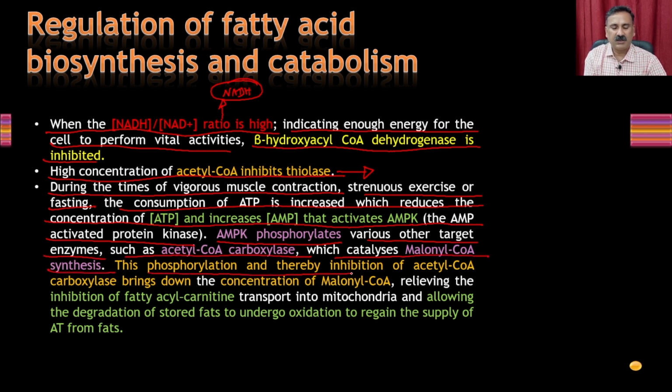This phosphorylation and thereby inhibition of the acetyl CoA carboxylase brings down the concentration of malonyl CoA, relieving the inhibition of acyl carnitine transport into mitochondria and allowing the degradation of the stored fat to undergo oxidation to regain supply of ATP from the fats.